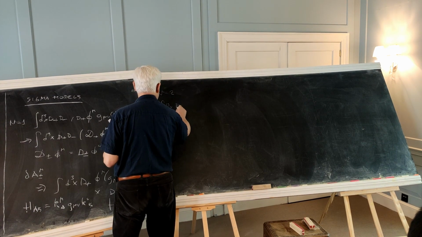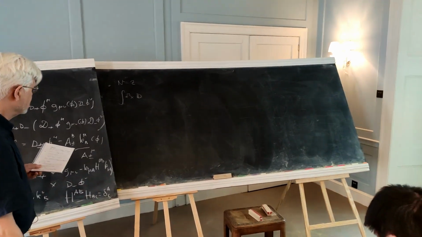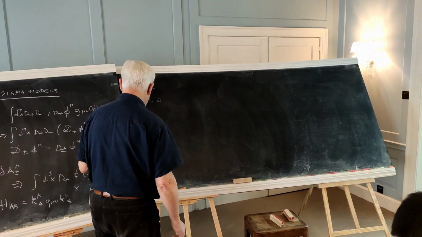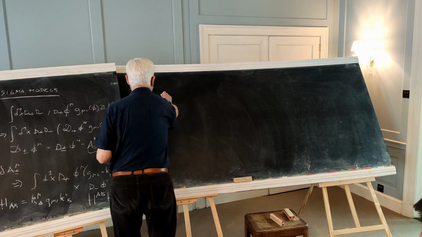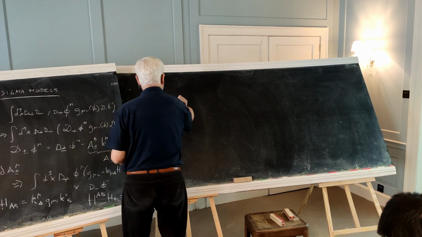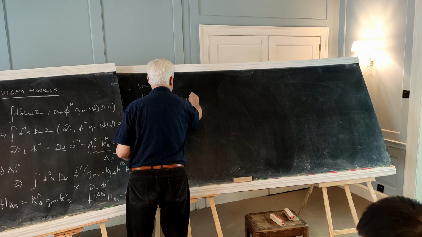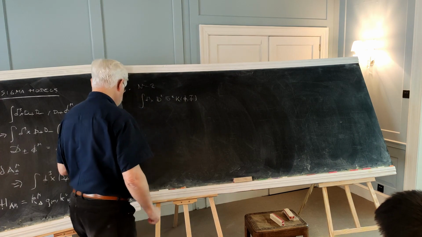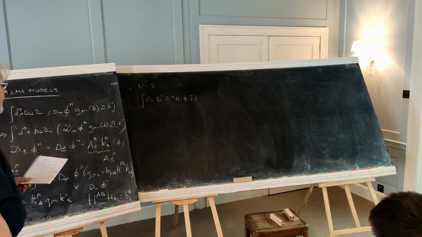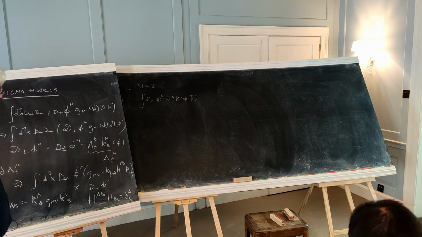So I write the N equals 2 covariant derivatives as blackboard bold, and so we have an action which is this, and then we have the potential phi bar. So this is my N equals 2 sigma model.